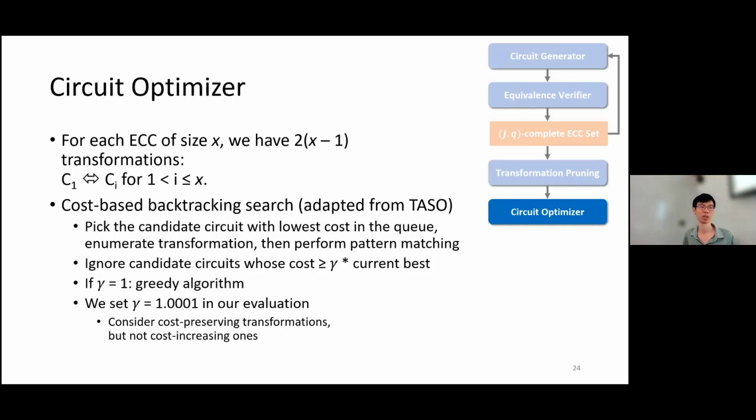In the paper, if we use different gammas, it sounds very hand-tuned, and we don't want to do that. So we just use gamma equal to 1 plus epsilon for all circuits.